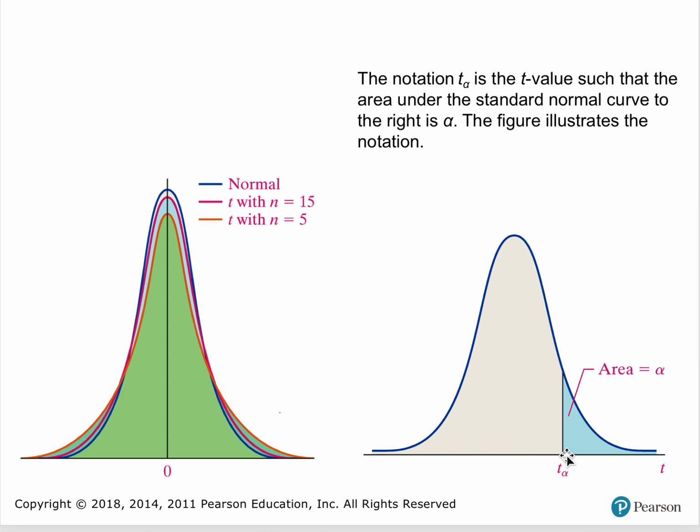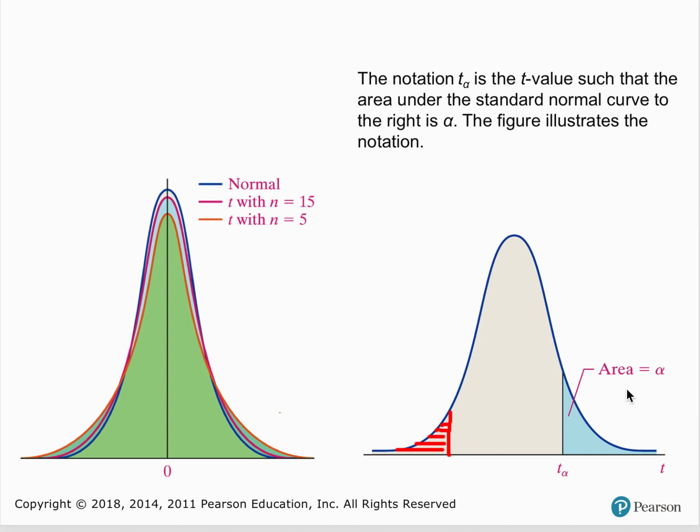Okay, now recall that the notation z sub alpha is used to represent the z-score whose area under the normal curve to the right of z sub alpha is alpha, right? So on the z-scores, our chart is giving us this area.